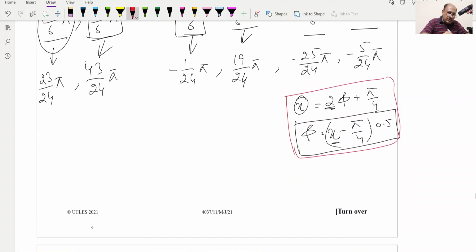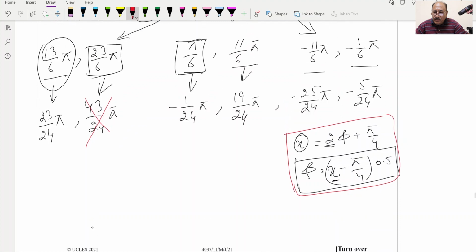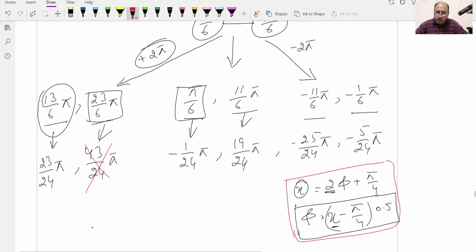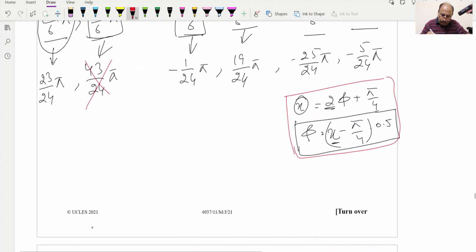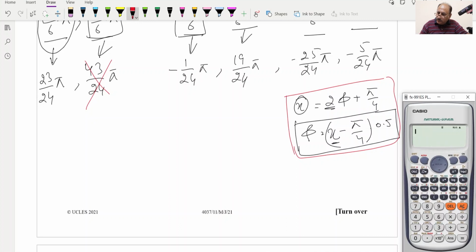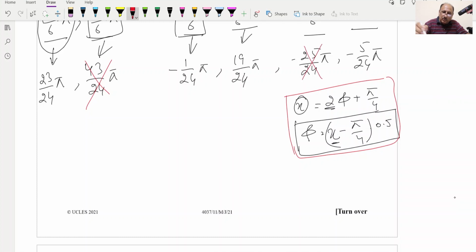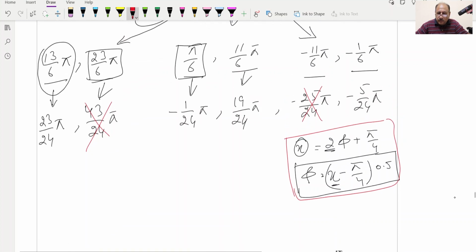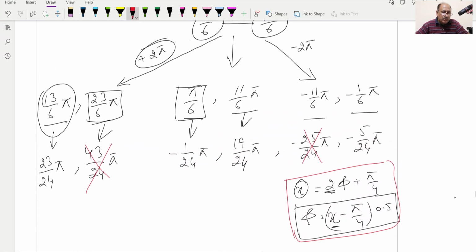And minus 25 over 24, if we check, this is also more than one, so we will reject this also. This is less than negative pi, so out of range. These two values are out of range.